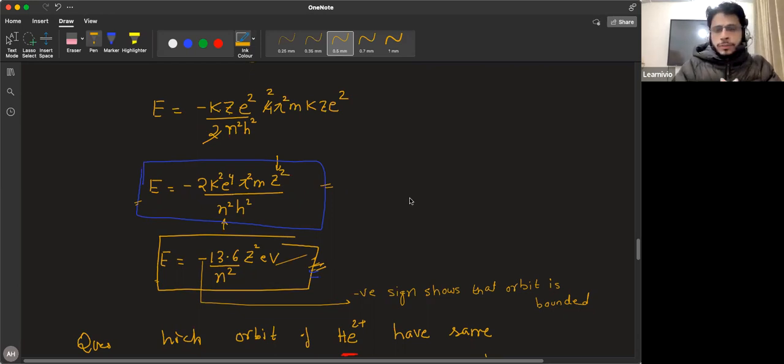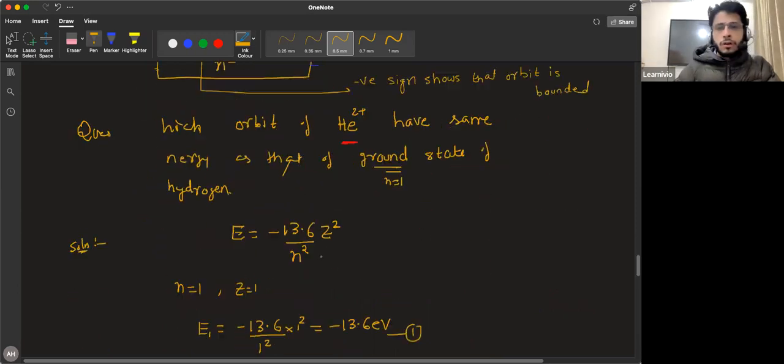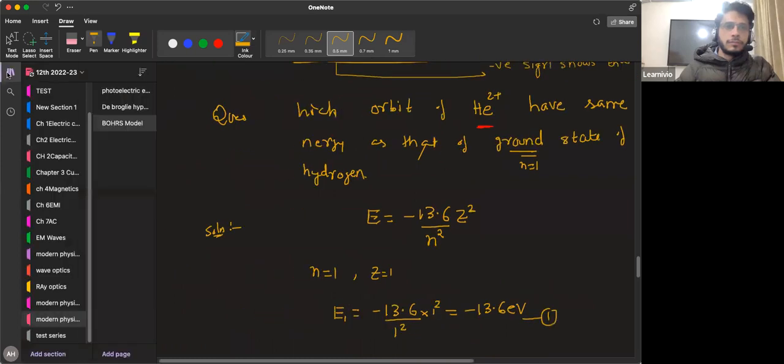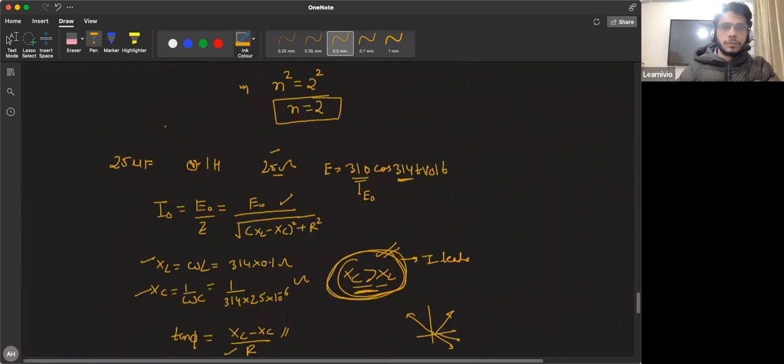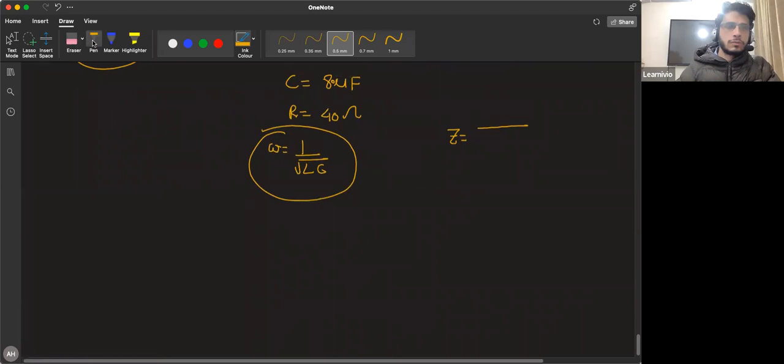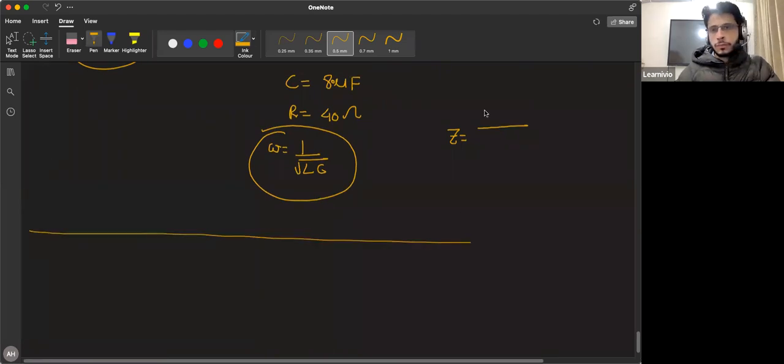We'll be using these expressions in further calculations. Now, after this, we'll draw the energy level diagram.